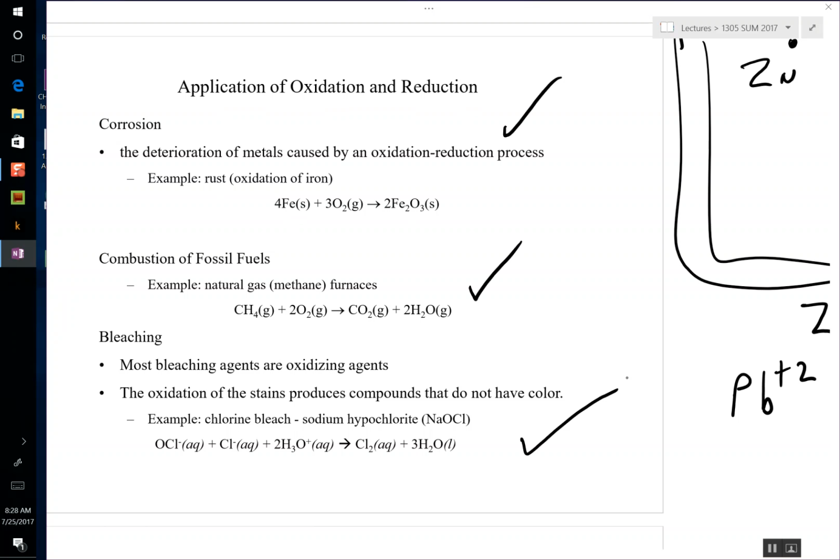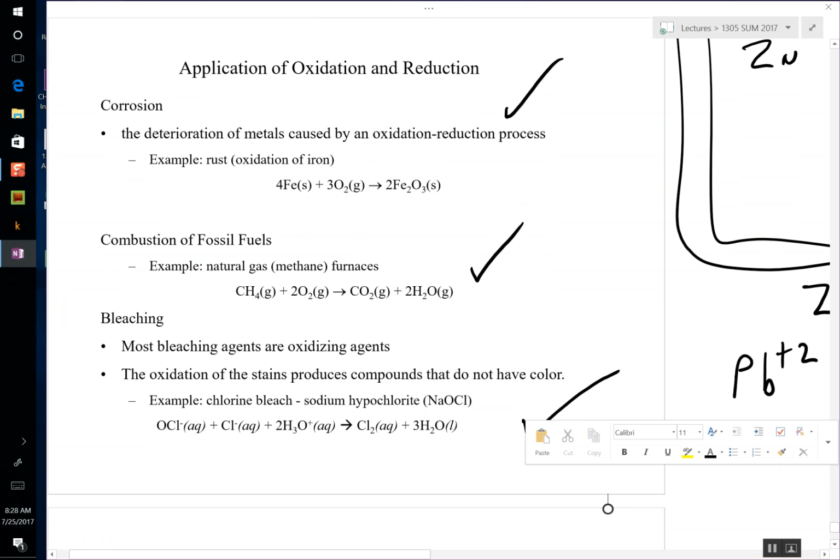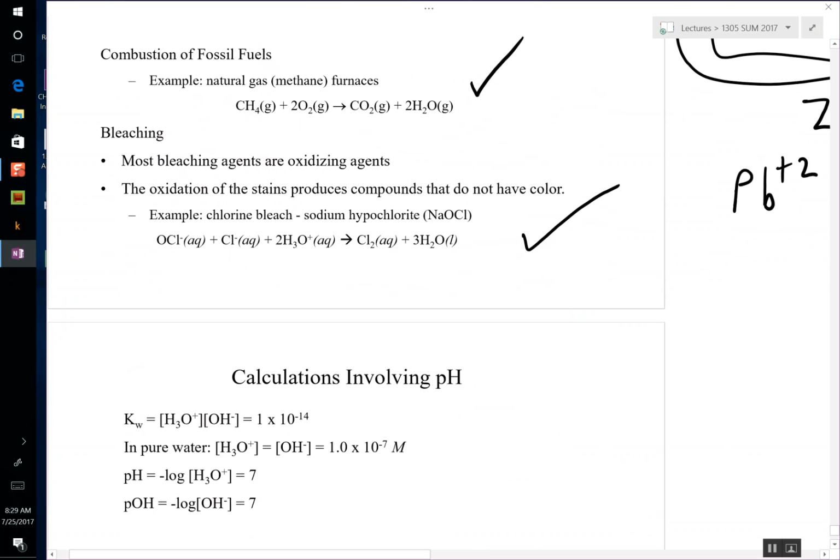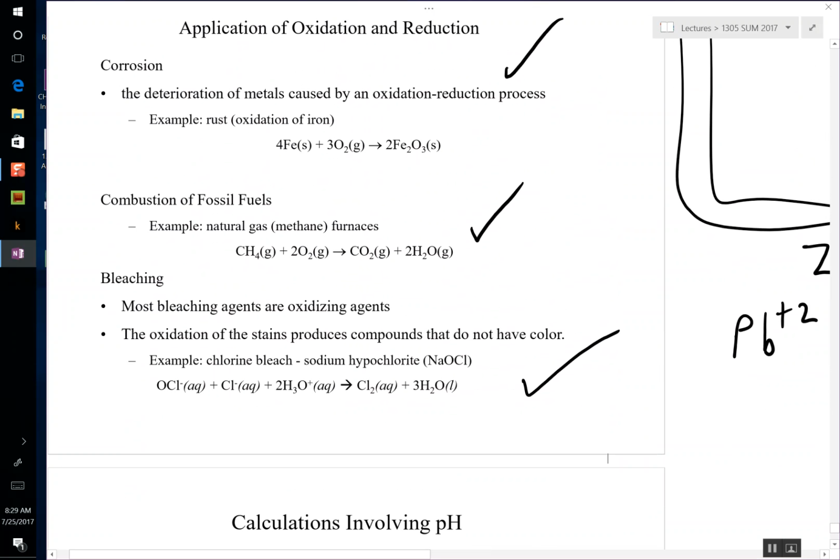Bleach is going after the dirt and reacting with it. And if you leave your clothes in there too long, it goes after your clothes. So this is a much more aggressive chemical reaction going on with bleach than with detergent itself. So those are some of the importance of oxidation reduction.